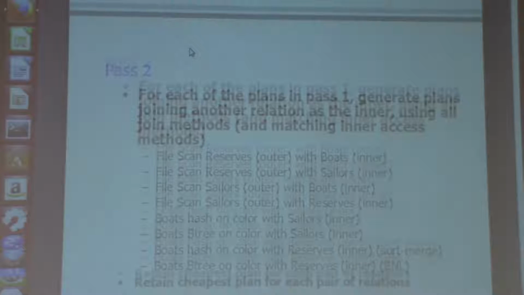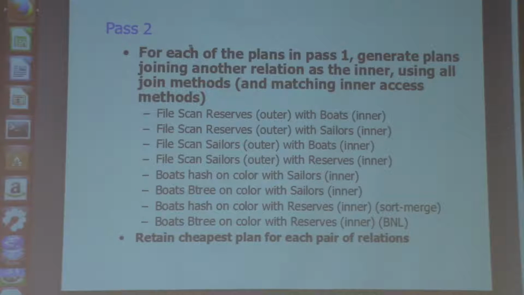Pass one. Pass two. You see how this goes, right? Do I need to explain this? That's pretty much it. Each one relation as outer joined with another. Consider all possible combinations. Take a minute to look at this.